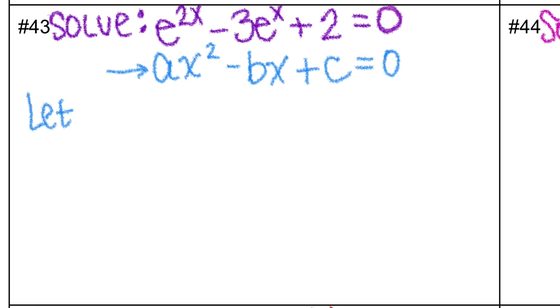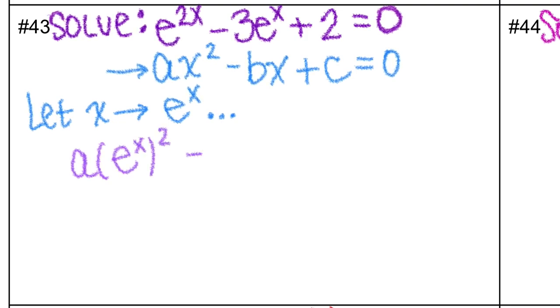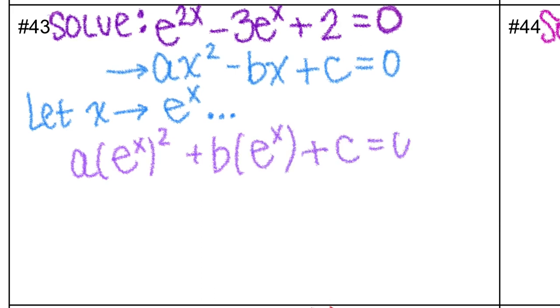but I'm going to let the x turn into an e to the x, what will that look like? Well, what will happen is the following. Basically, you will end up with a times e to the x squared plus b times e to the x plus c equals 0.